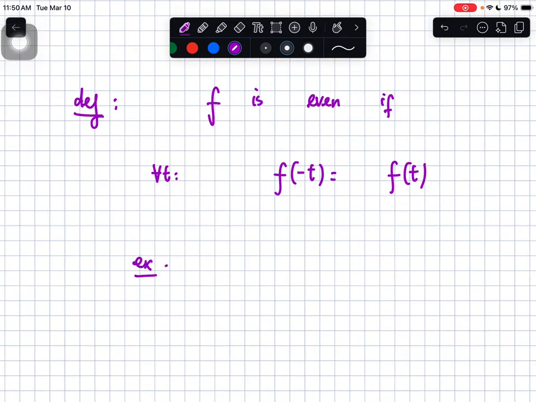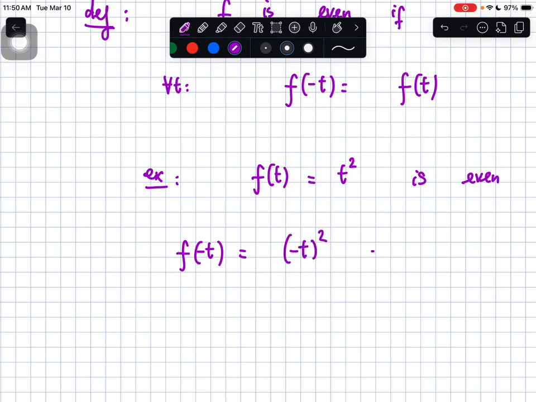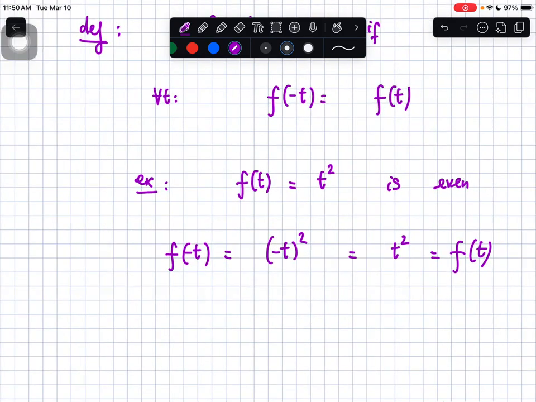Example, f(t) equals t squared. This function is even. So f of minus t equals minus t squared. Minus t squared is t squared. T squared is f of t. So you see that it is indeed an even function.